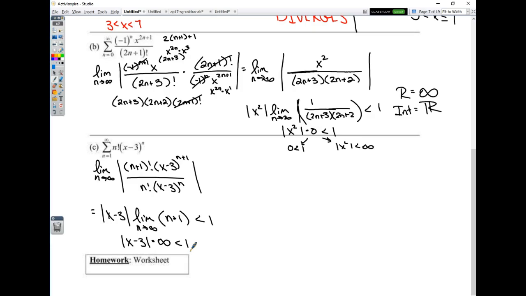School of thought number 1. I can divide by the infinity. What's 1 divided by something stupidly big? So one of the things I can say is the absolute value of x minus 3 is less than 0, which implies that my radius of convergence is 0.